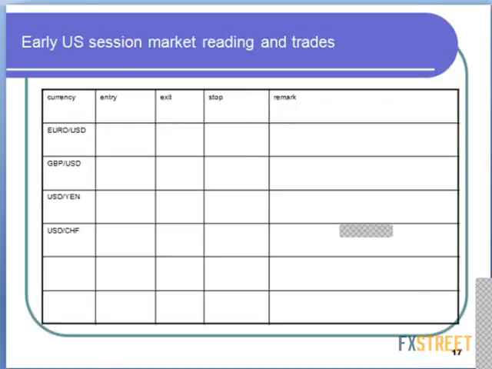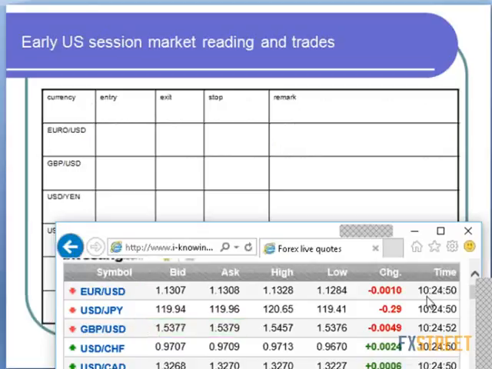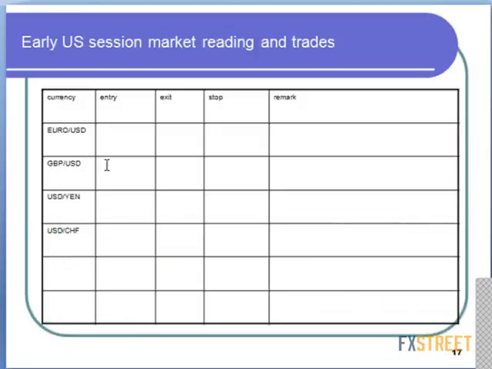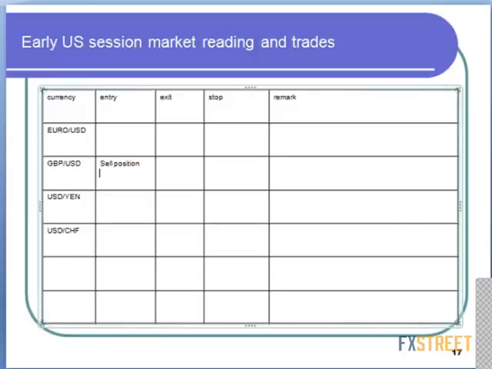So as a result, now it is about 14:24 GMT. Euro we will avoid, GBP we will try to take a sell. 1.5377 will be the buy stop, 30 pips above.